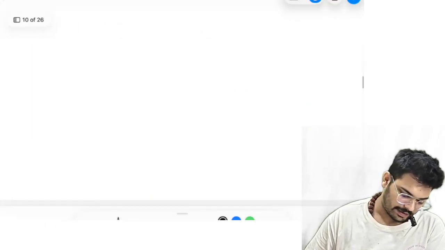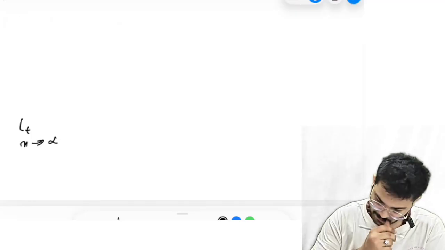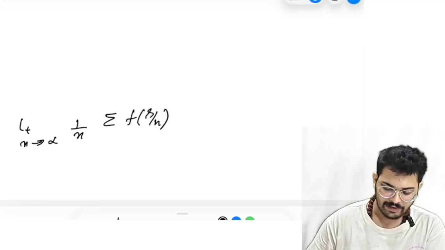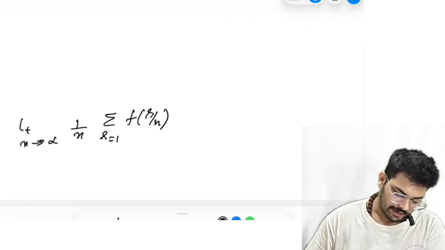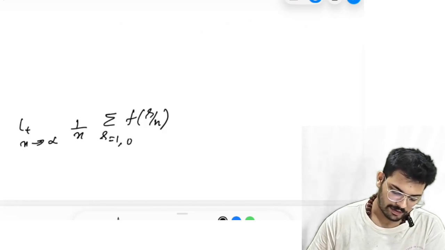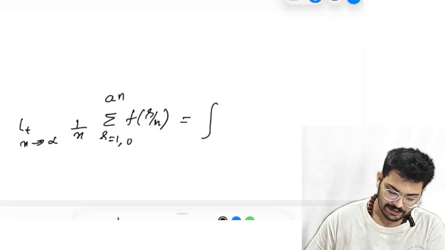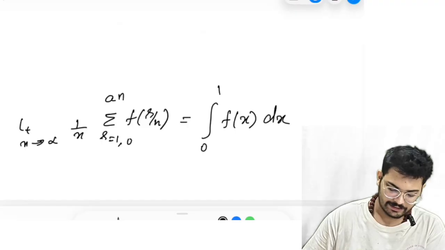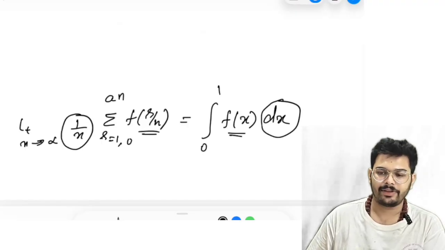Suppose it is given that limit n tends to infinity 1 by n into sigma f of r by n, r varies from 1 or 0 to n, will be written as integral 0 to a f of x dx. Instead of 1 by n we will be using dx and f of r by n will be replaced with f of x.